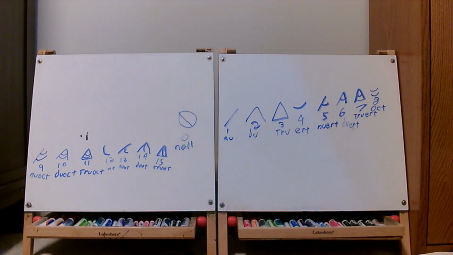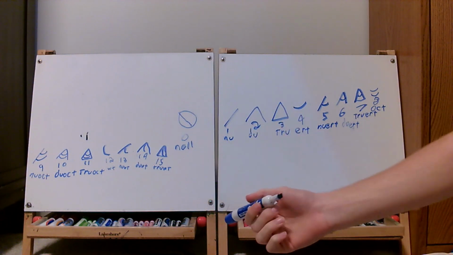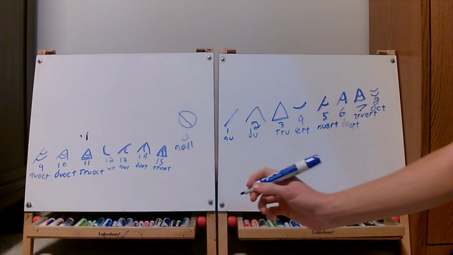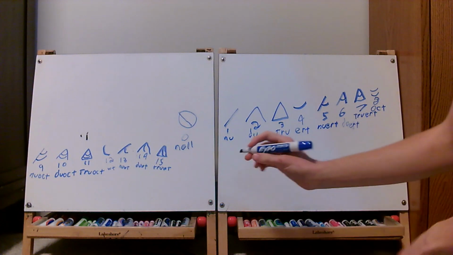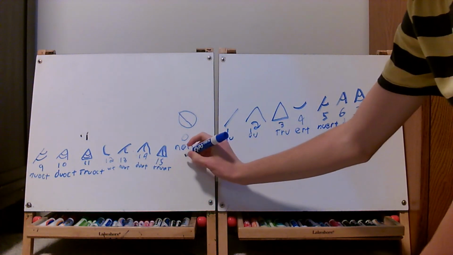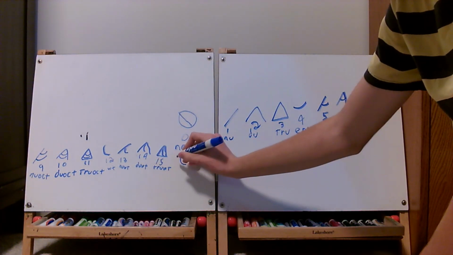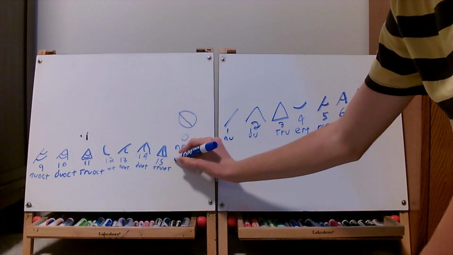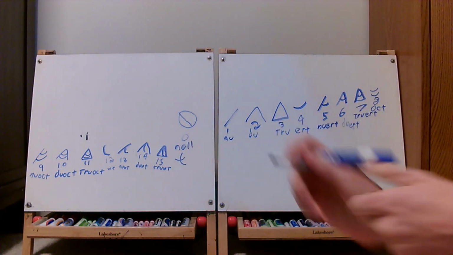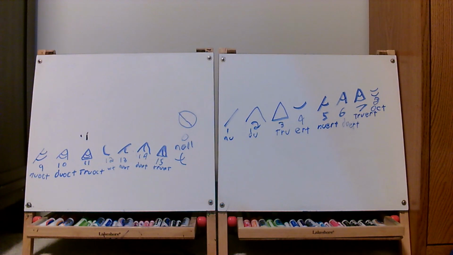Okay, so now that we have wit, next we need to get to our one for 16, and we will take a wit, and we will take an ert, and then there we go.